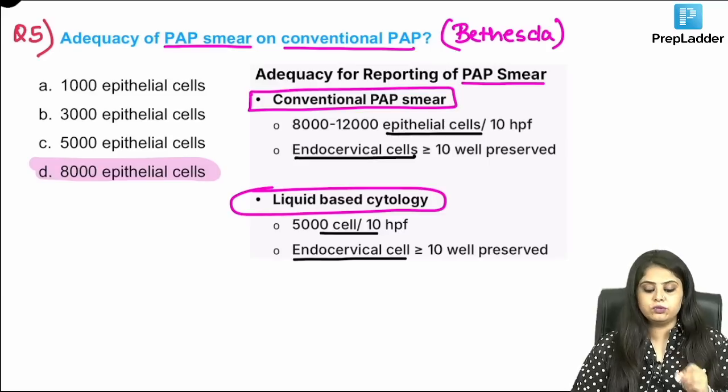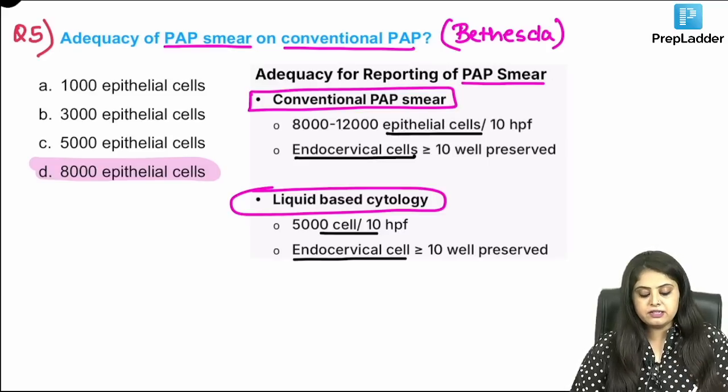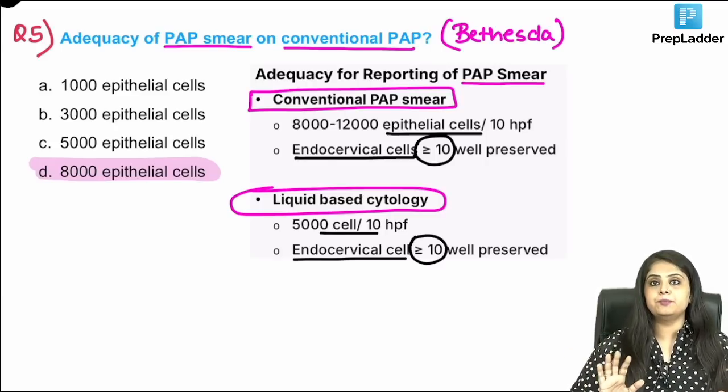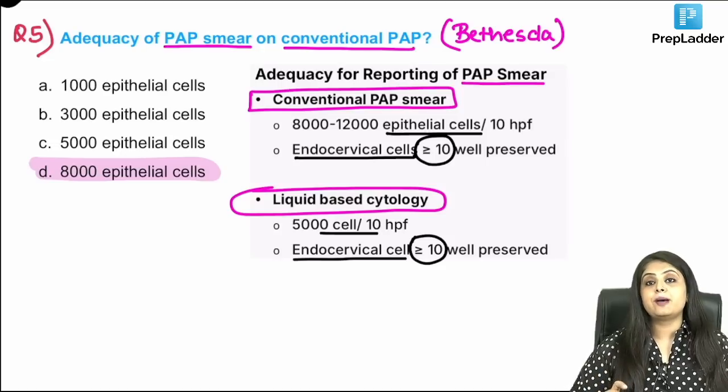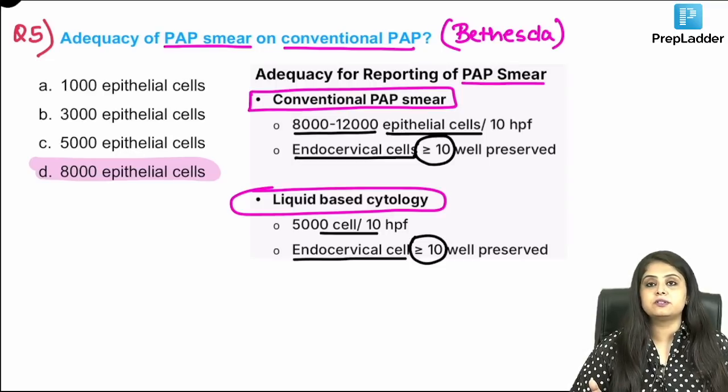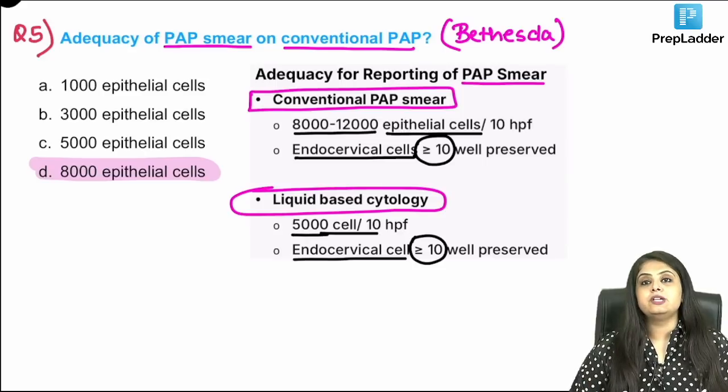I notice in both of them, how many endocervical cells have been written over here for the adequacy. Whether you're doing a conventional pap or LBC, endocervical cells should be at least 10 in number. So that is the same. The change happens in the squamous epithelial cells. For conventional pap, it is 8K to 12K, 8,000 to 12,000 epithelial cells per 10 HPF fields. And for liquid-based cytology, it is 5,000.